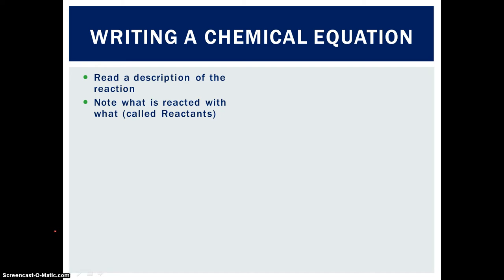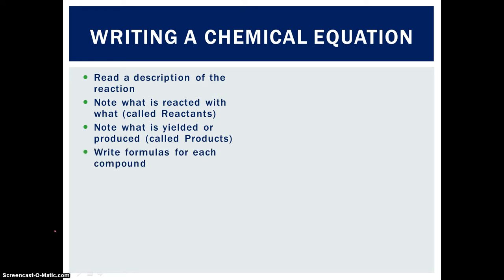These are called the reactants. They show up on the left side of the equation before the arrow. Note what is yielded, produced, or formed. Those are all possible words. Those are called the products, and those show up on the right side of the arrow in the reaction equation.